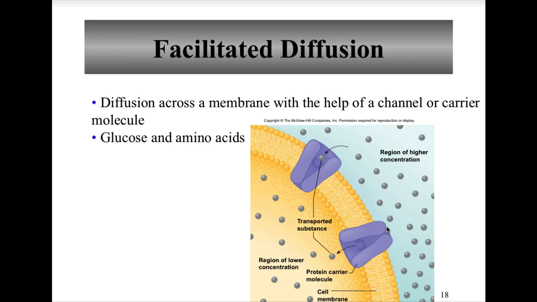It's significant because this is the process by which most of the glucose in our cells enters and leaves. So glucose will enter and exit the cells via facilitated diffusion. Again, it's another important part of cell metabolism as far as cell respiration, bringing that glucose molecule in.